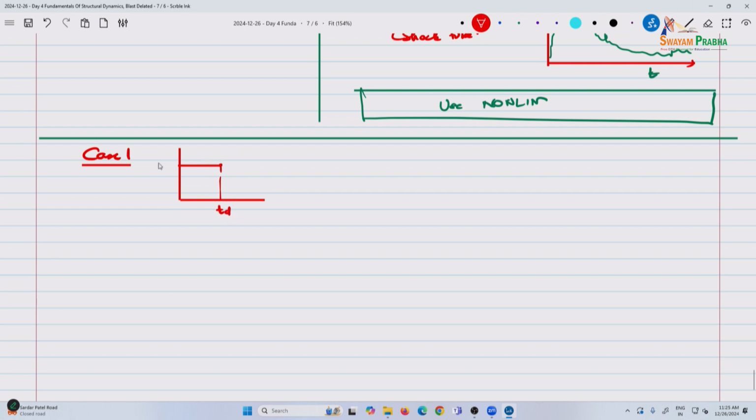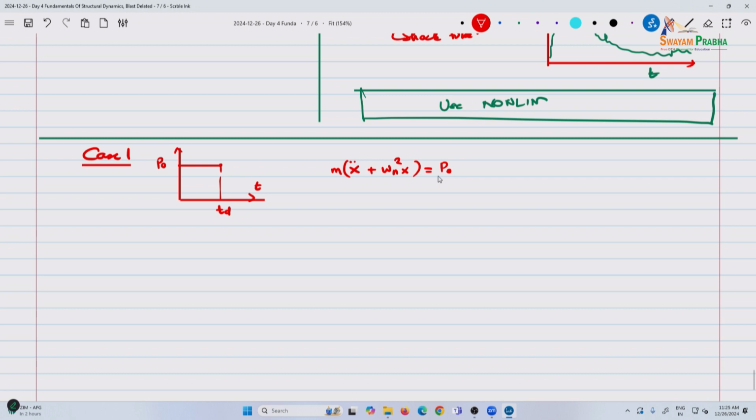Important terms to remember: peak value versus time. So the expression is m x double dot plus omega n square x is equal to p naught.